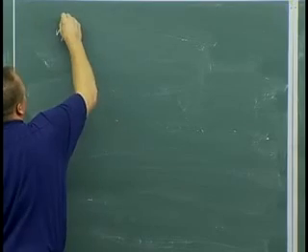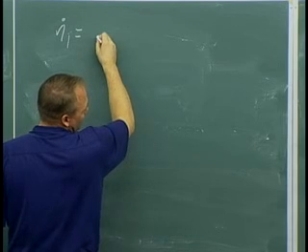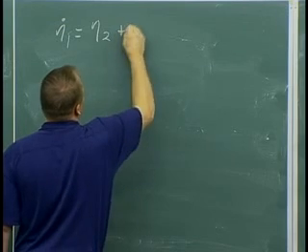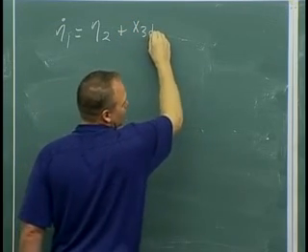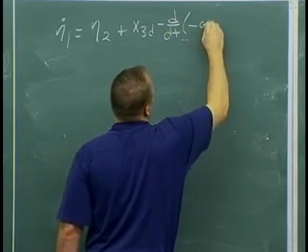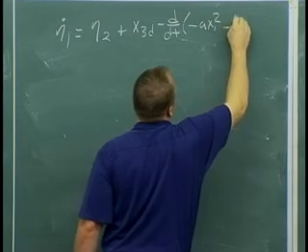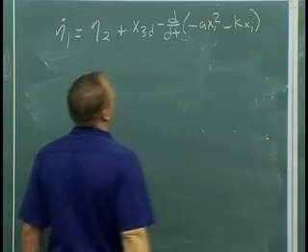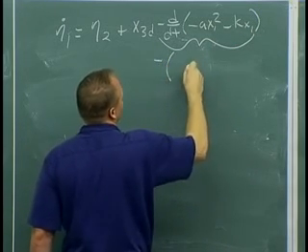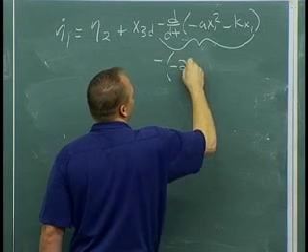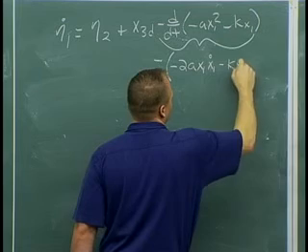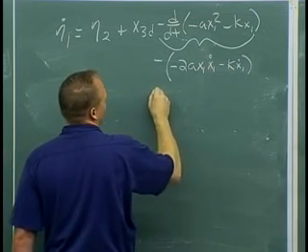Okay, so that means a to 1 dot is equal to a to 2 plus x3d minus the derivative of minus a x1 squared minus k x1. All right, so let's go ahead and examine this term. So this is going to equal to negative 2a x1 dot minus k x1 dot, which is equal to negative.